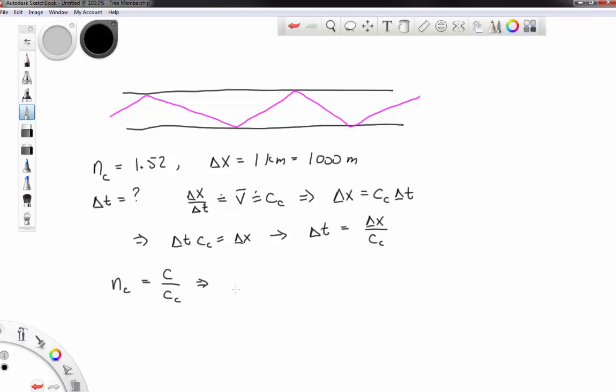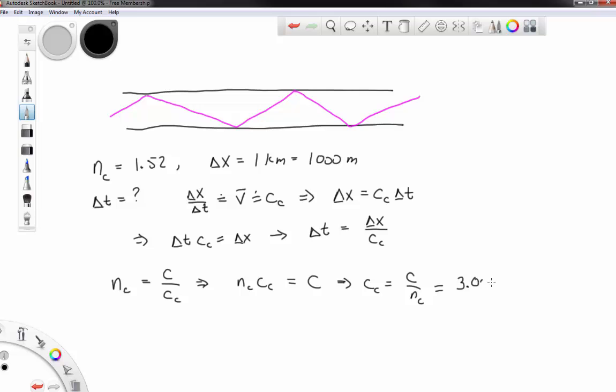Okay, so that means that the refractive index times the speed of light in the medium is equal to the speed of light in vacuum, and that in turn means that the speed of light in the medium is equal to the speed of light in vacuum divided by the refractive index of the medium. So we now have stuff we can plug in because we have the refractive index of the medium, and the speed of light in vacuum is a universal constant.